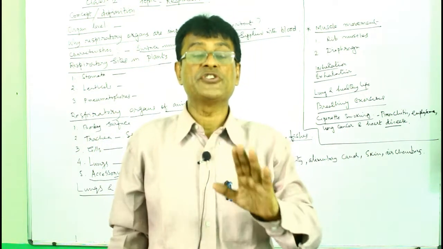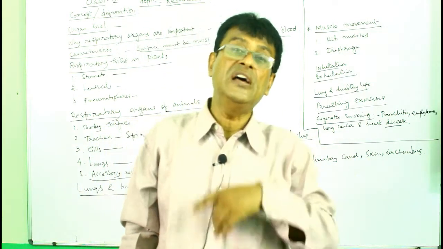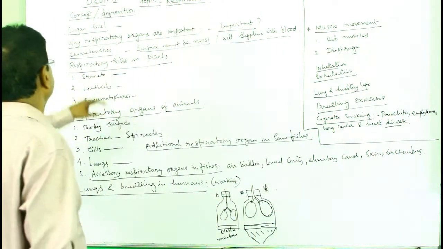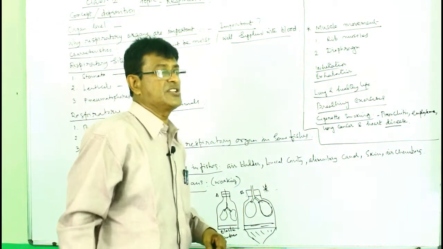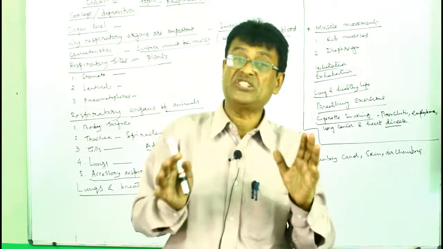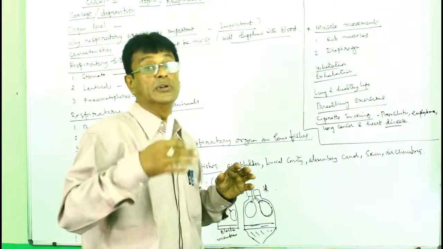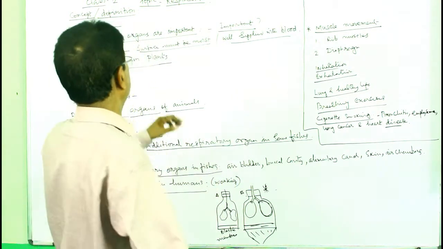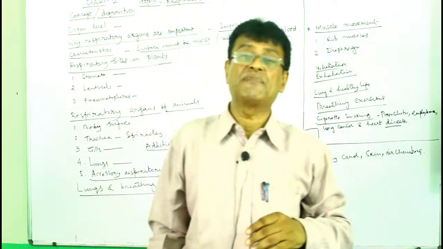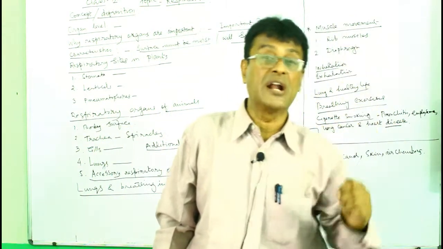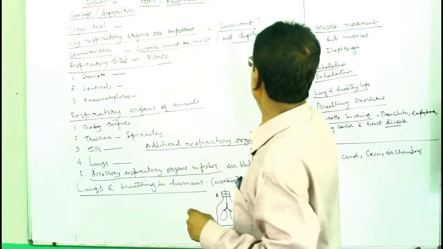So respiratory organs give the proper facility for respiration. The characteristic of these organs is that they must be moist to undergo gaseous exchange, and they must be well supplied with blood, through capillaries or something else.